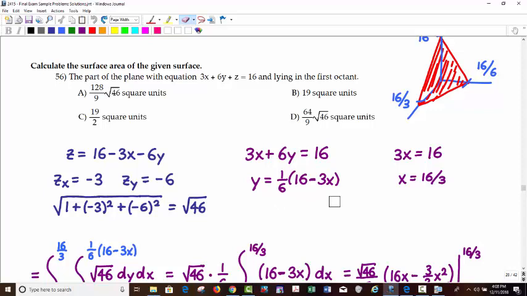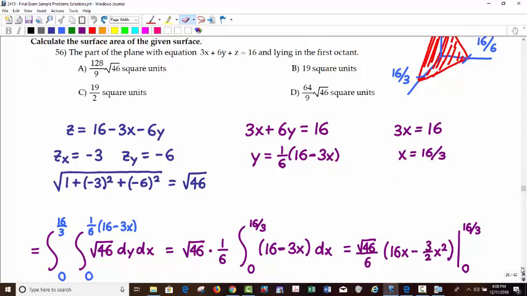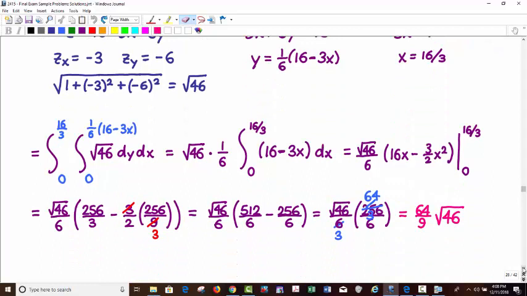And then remember, the outside limits are always numerical. So all I need is to find the x-intercept. I put 0 in there for y, which gives me 3x equals 16, x equals 16 thirds. And so there we go. We have 0 to 1/6 of 16 minus 3x dy, and then 0 to 16 over 3 dx, and the square root of 46 is the function we're integrating.